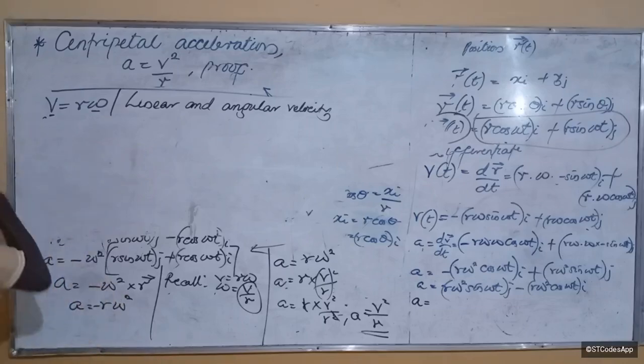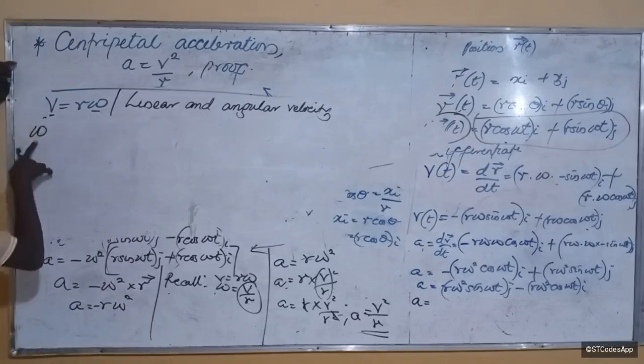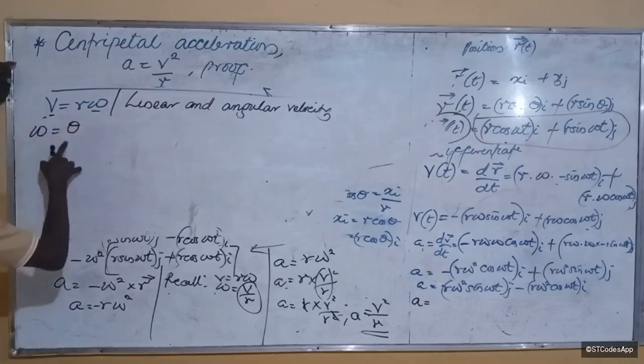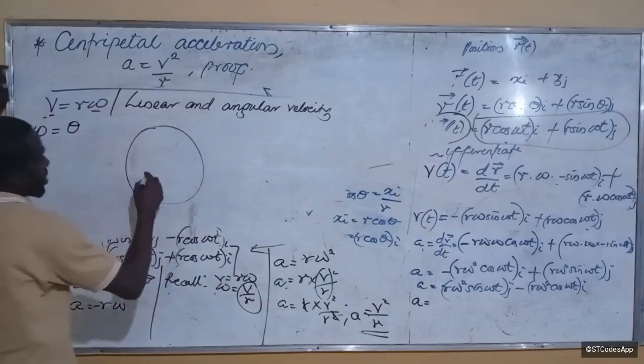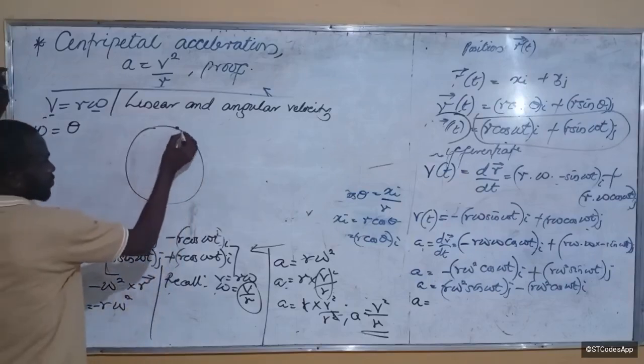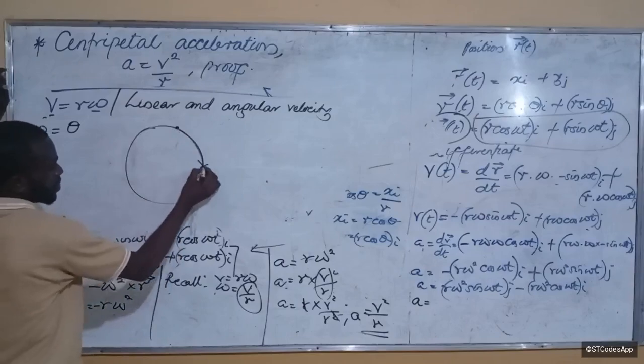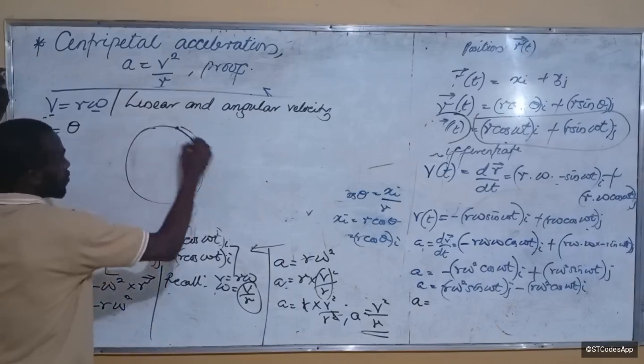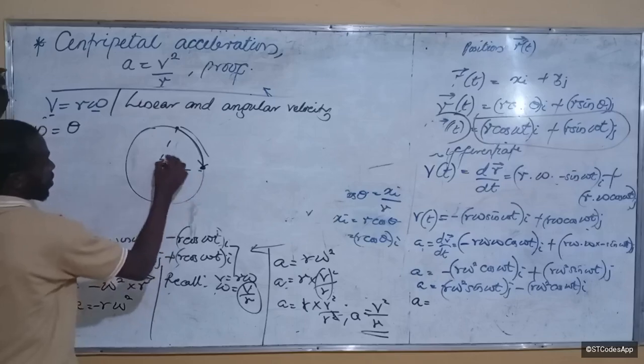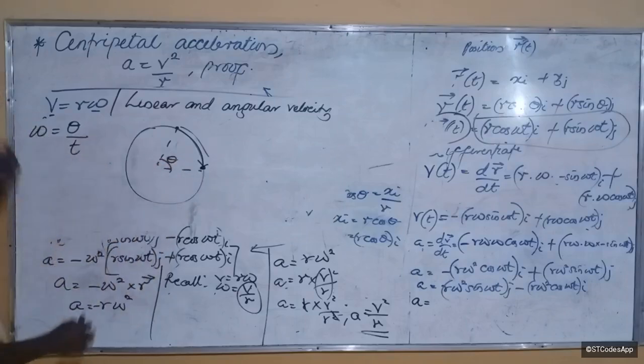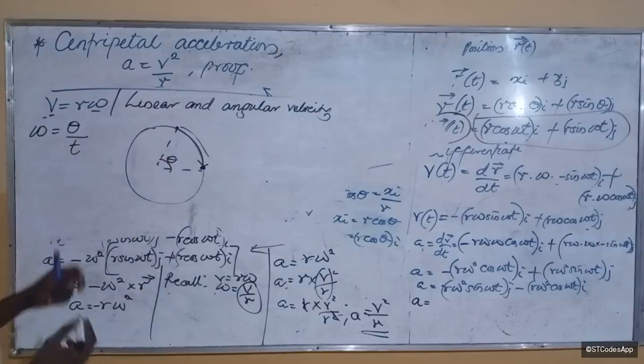Now remember that the angular speed is going to be changing. Look at our circle here. The speed of a particle that moves from here to here is going to be the angle theta covered per time that it takes to cover that. Does this make sense? Good.